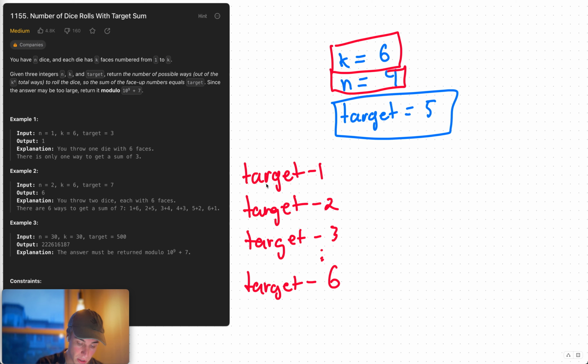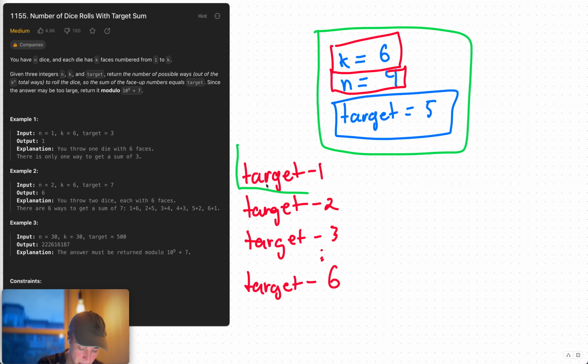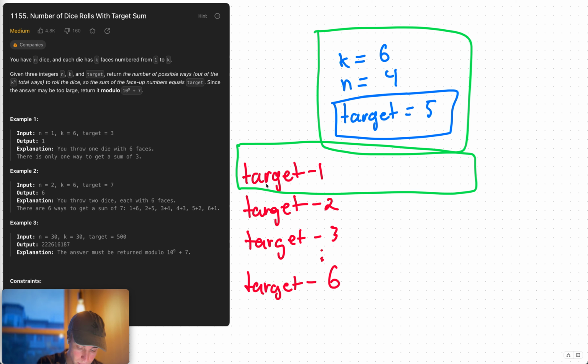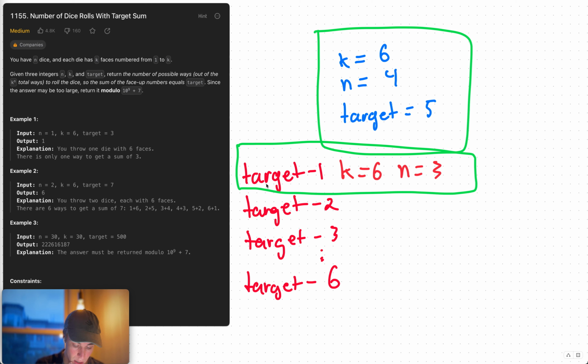So the same question that I've defined here, but now for each one of these, the question is target minus 1 with k still being equal to 6, but n equaling 3.